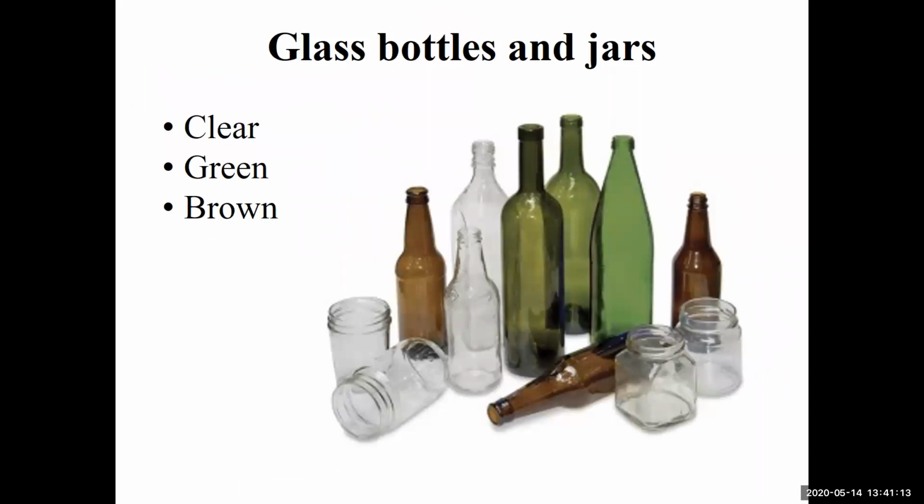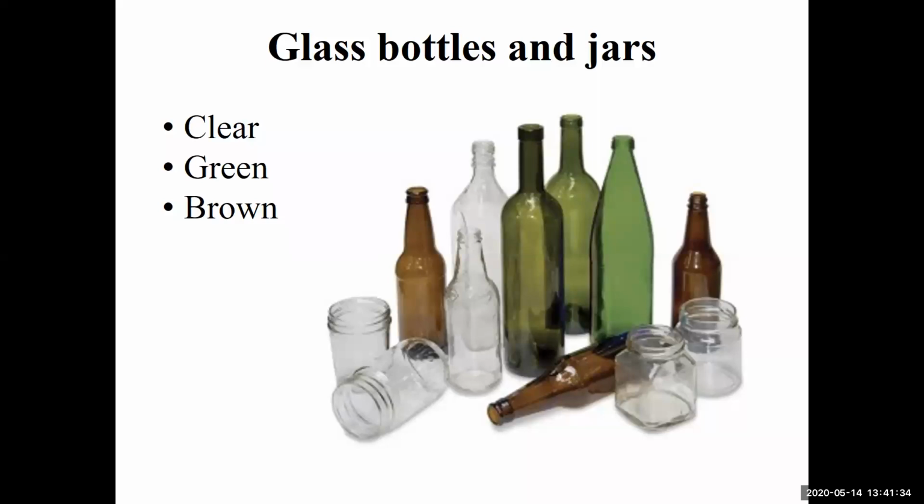Okay, so we're moving on to glass. I've driven by homes and seen all sorts of glass items, such as window panes, picture frames, and mirrors in the recycling bin.